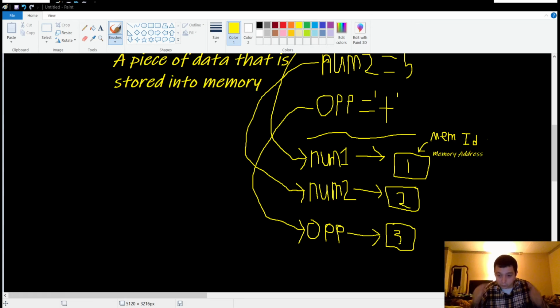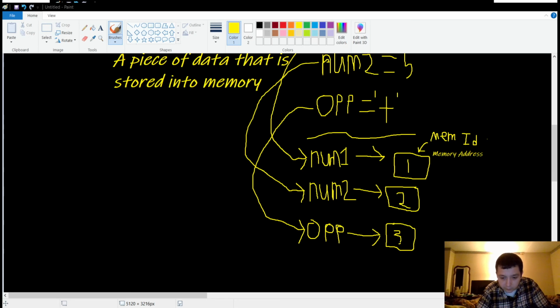The computer so far knows to say, okay, those are the values for these variables, and I can store it here in memory. So that's the main idea. It's basically a piece of data that you can store into memory.